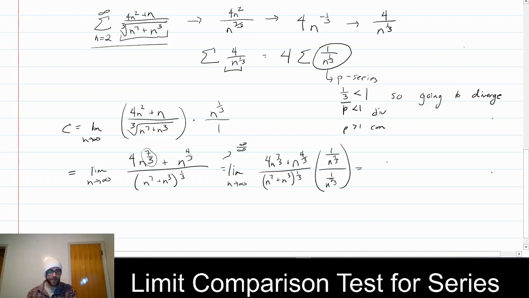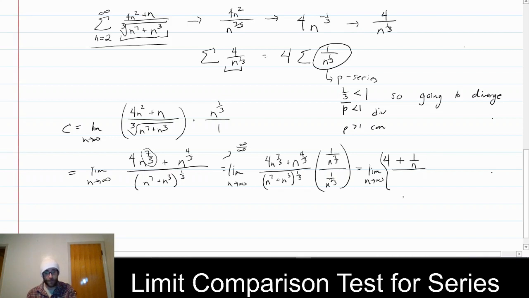Now when we do the top, that's pretty easy. We get the limit still n goes to infinity. 4n to the 7/3 over n to the 7/3 is just going to be 4. So we have 4, and then n to the 4/3 over 7/3. So that's 4 minus 7. So that's -3 over 3. So that's 4 plus 1 over n.